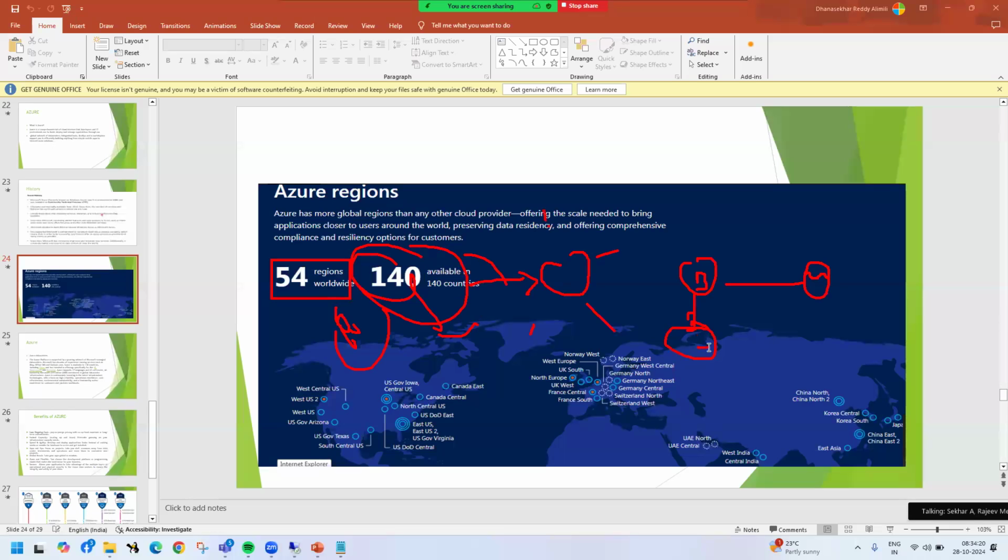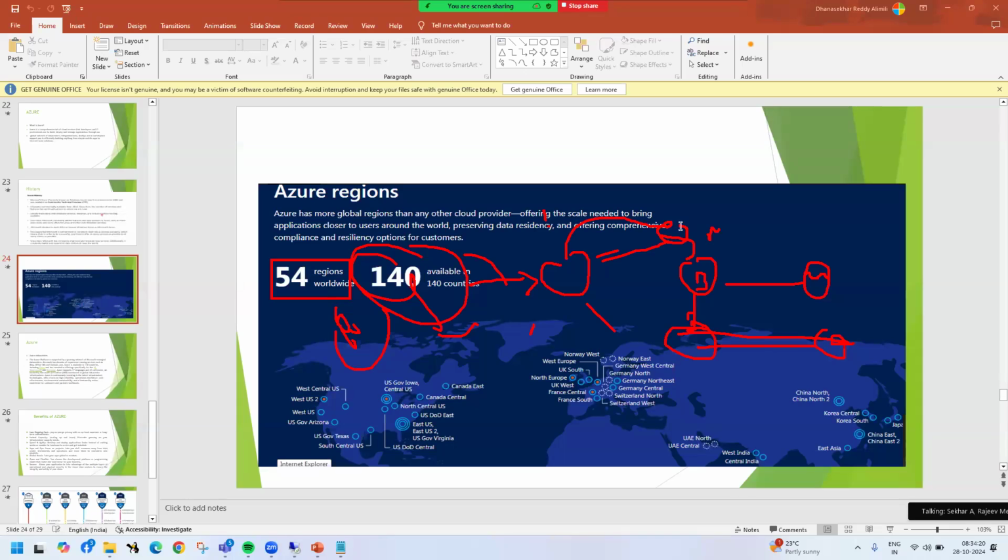If you are ordering food or anything, it comes to your doorstep, and you are happy with their services. In the same way, if I have more customers in India, I can deploy my services nearest to my customers so that I can bring my application closer to users.